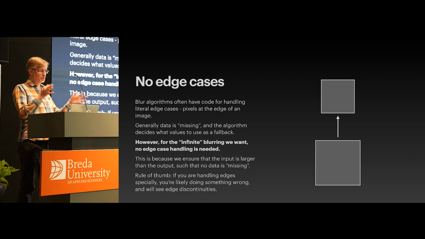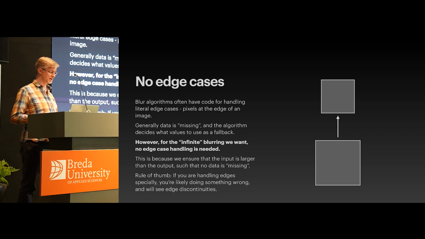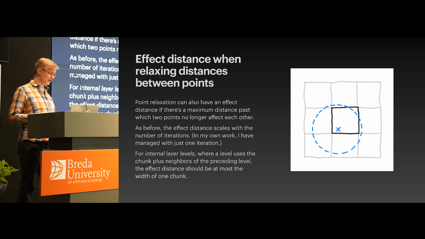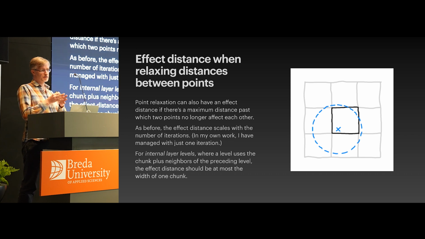Instead, we always request more data than we output, so that all the data in the output has all the data it needs for its operation without needing any edge cases. You can also calculate this distance for other processes, like relaxing distances between points, as long as you have a maximum distance for how far away points can affect other points.